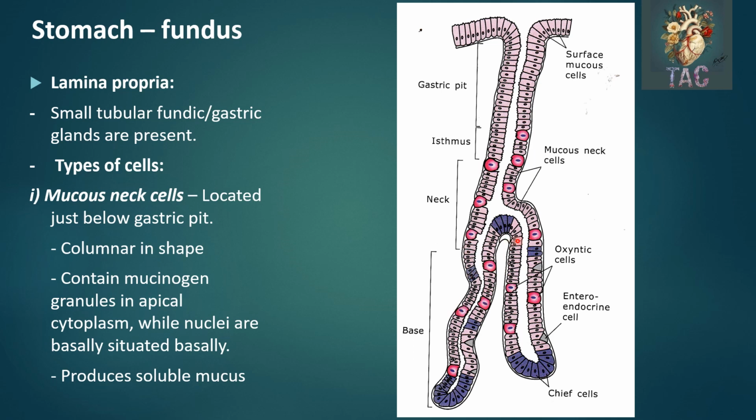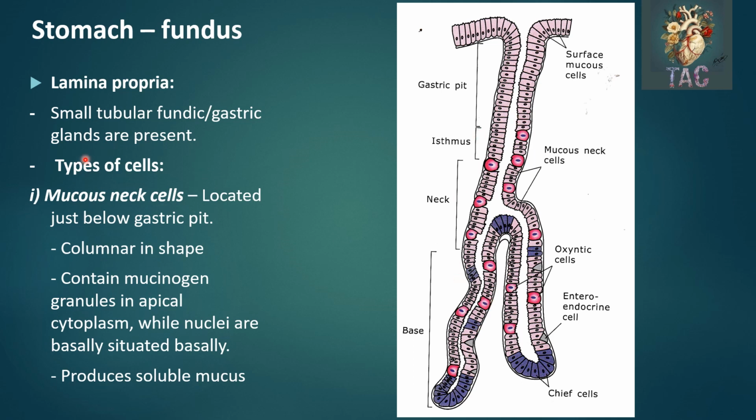The third type of cells are the chief cells. Then another type are the enteroendocrine cells, present in between these chief and parietal cells and the mucous neck cells. And the fifth type are undifferentiated cells, which are considered to be the stem cells for all of these types.